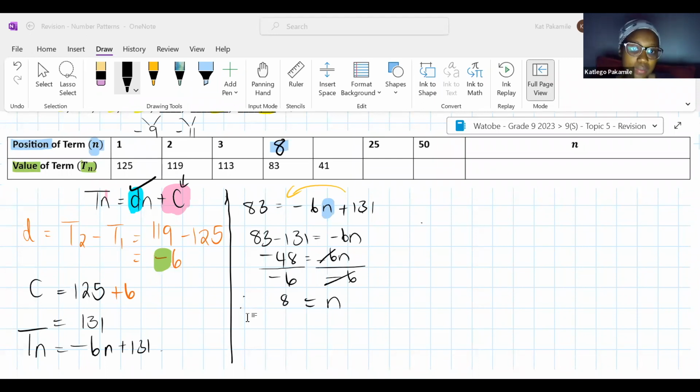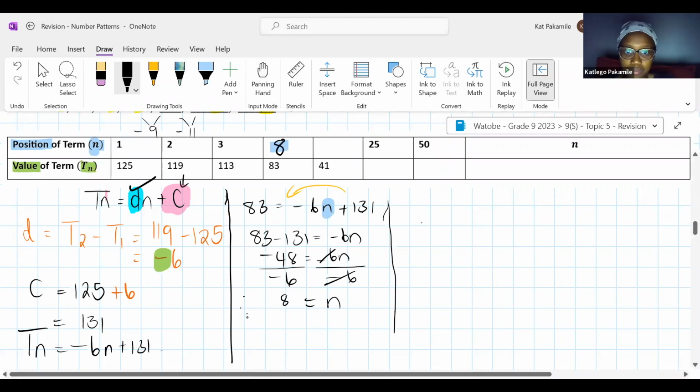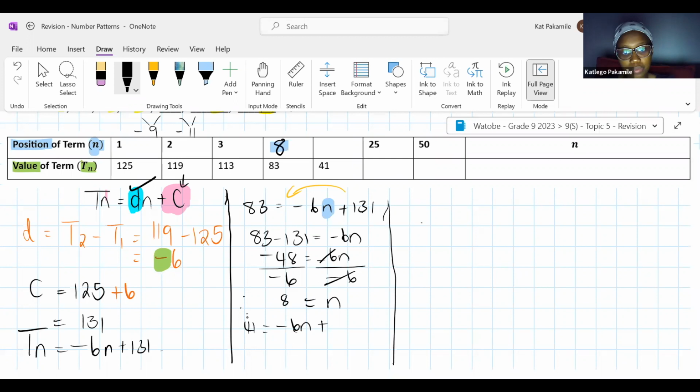Beautiful, let's do it. So, ma'am, we say 41 equals 6n plus 131. Negative 6n, be careful. Oh, sorry, ma'am. And then we say 41 minus 131 equals negative 6n.